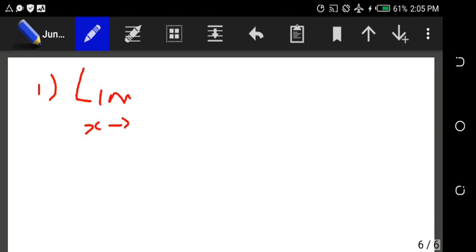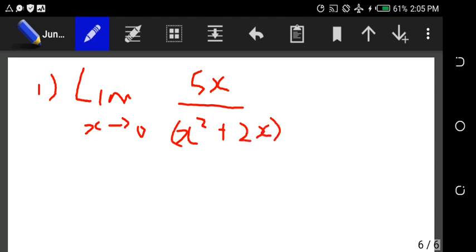First one: take the limit as x approaches 0 of the function 5x all over x squared plus 2x. Remember that you can factorize this denominator.